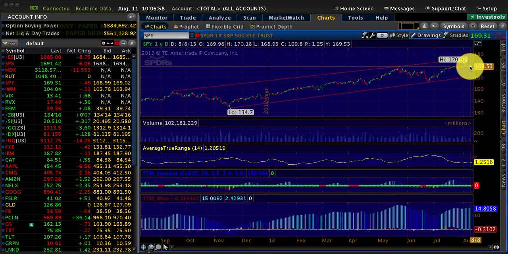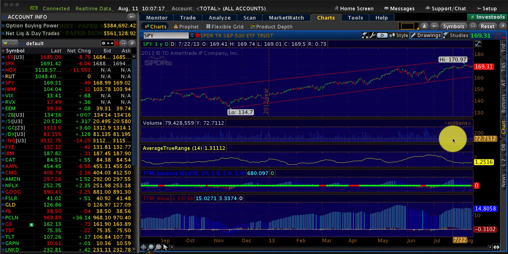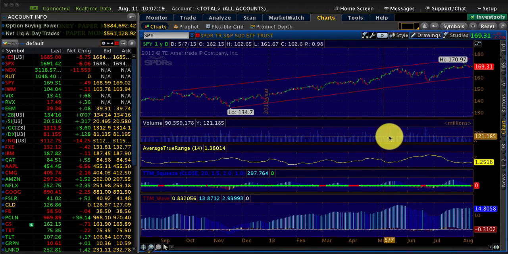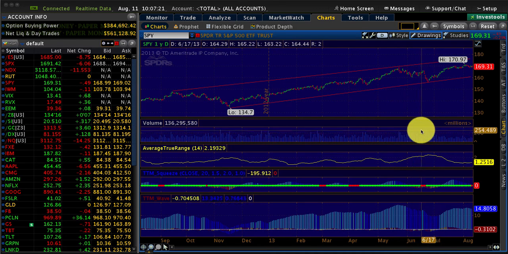So the markets could go either way from this week onwards, probably with more of a bias to the downside because it wasn't able to continue this upward momentum. And you can see the volume bars have become really small compared to even a couple of months ago. The volume was much higher.